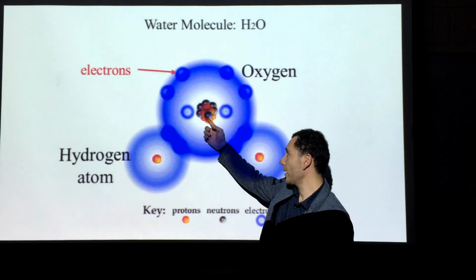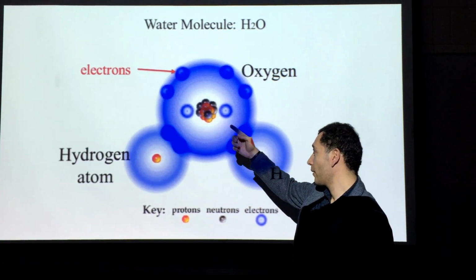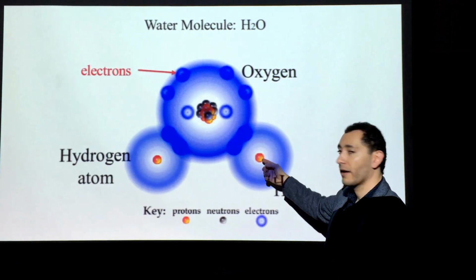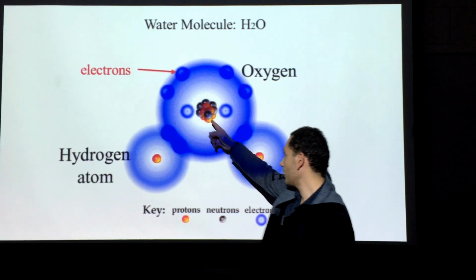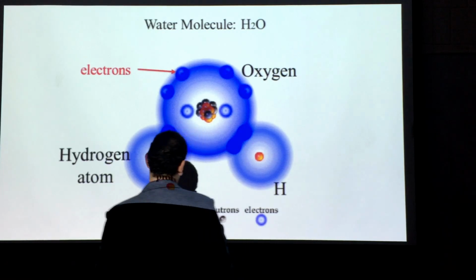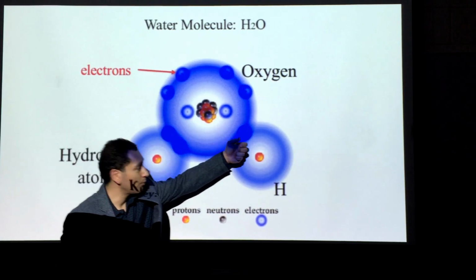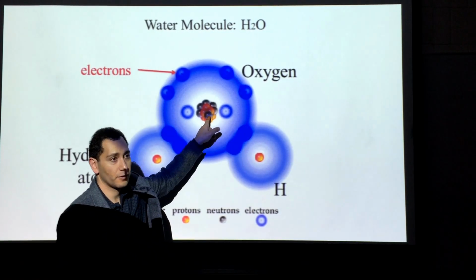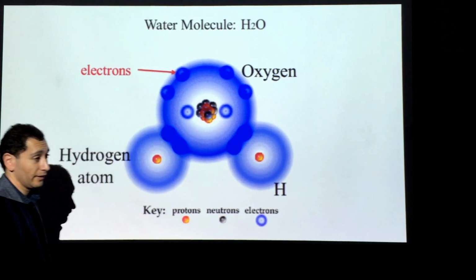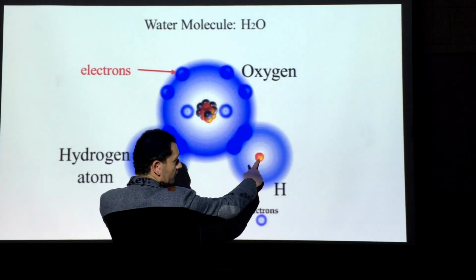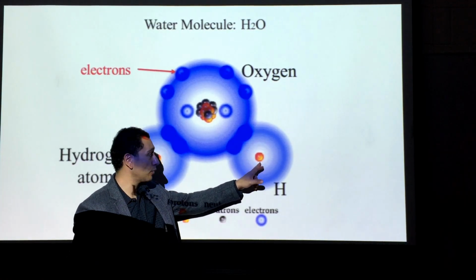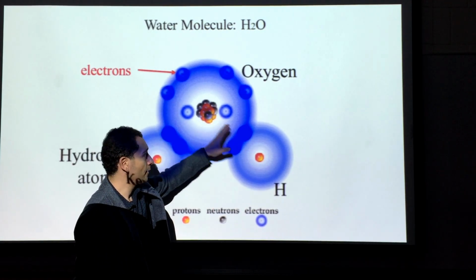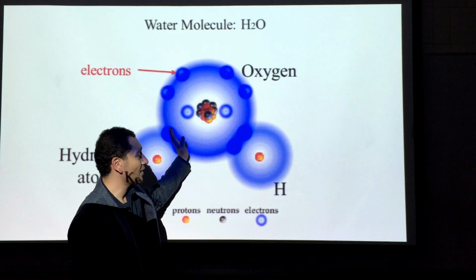However, the gravity in the oxygen atom is considerably stronger than the gravity in the hydrogen atom. And because the oxygen has more gravity, it can pull these electrons slightly closer to its nucleus. This only consists of 1 proton, but this atom consists of several more protons, pulling these electrons a little bit closer.